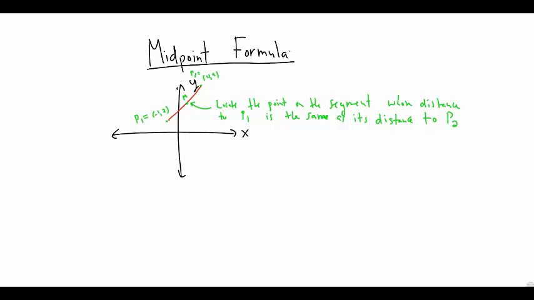And the midpoint will, of course, have an x-coordinate and a y-coordinate. We want to come up with a formula for the x-coordinate and a formula for the y-coordinate. And we would like to do it in terms of the x and y coordinates of the points P1 and P2.